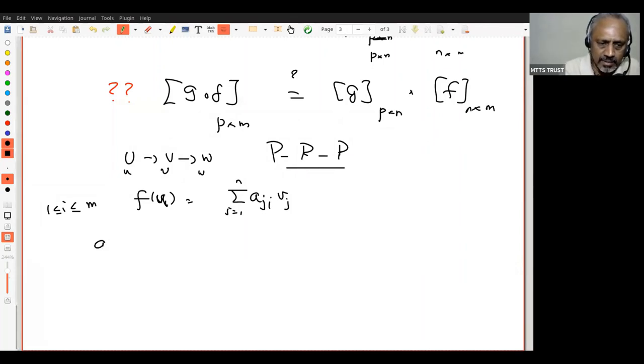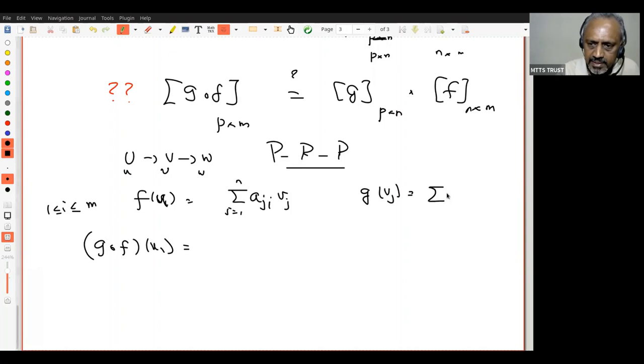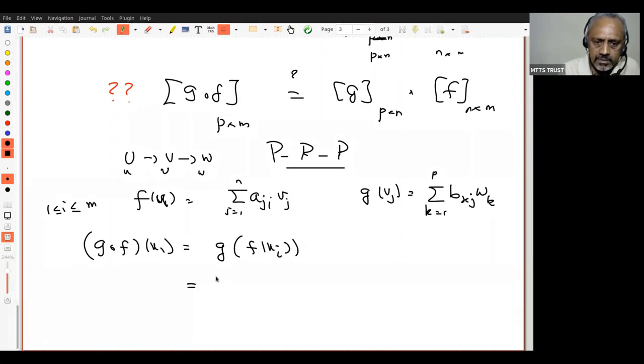Now what is g composite f of ui? That is what I have to look at. Now again look at what g of vj will be. G of vj, I can write it as the sum of b_kj wk, k equal to 1 to p. You understood this? Right. Therefore, this is g of f of ui. But f of ui is this, and g is linear.